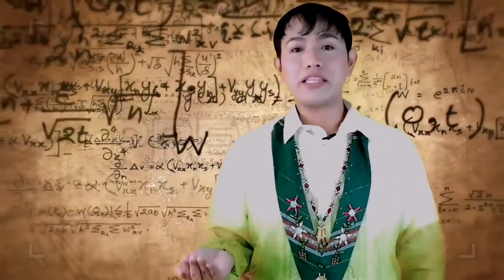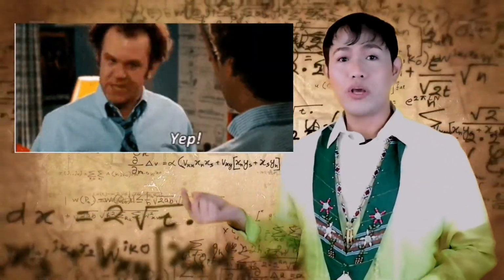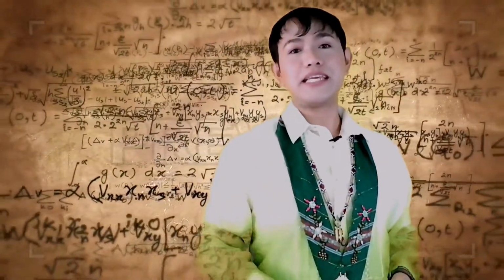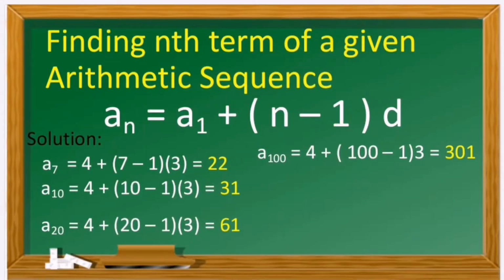Are you now ready for the second question? I'm sure you are. Let's proceed to finding the 10th term. Be with me as we solve this next problem. a sub 10 would be now equal to 4 plus the quantity of 10 minus 1 times 3.